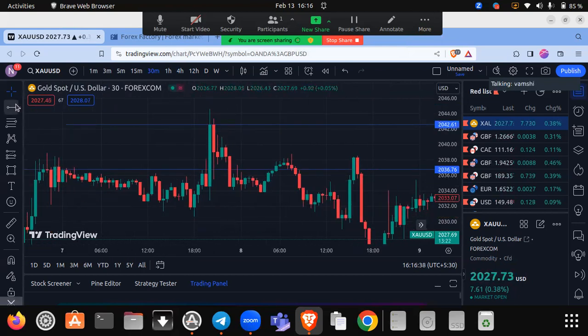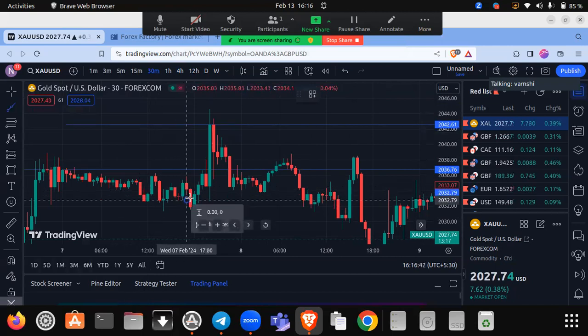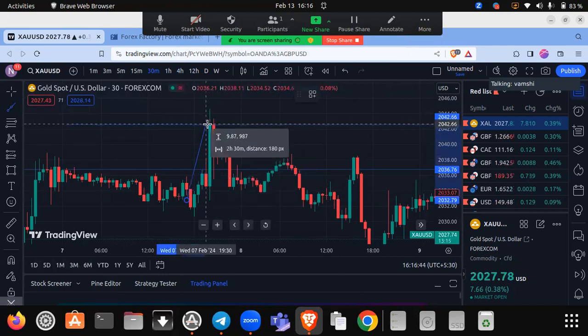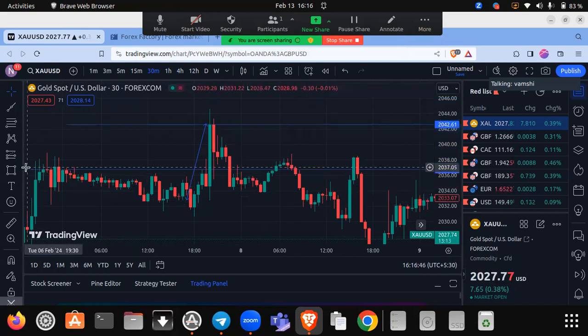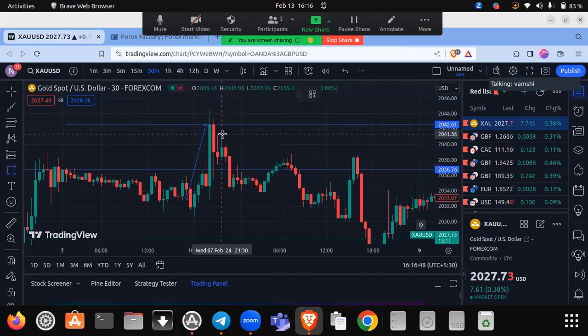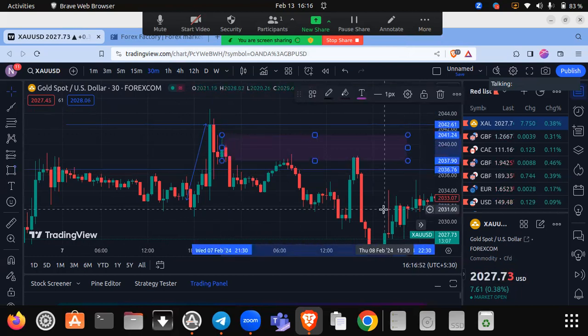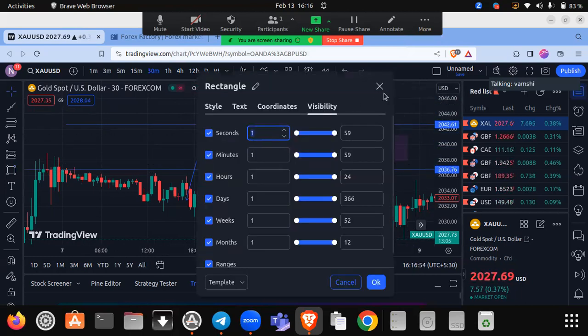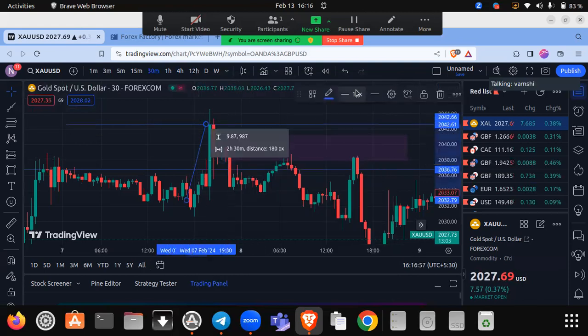Here you can see that the price touched the major resistance over here, and after that it made an M30 engulfing sell, and it perfectly respected the M30 engulfing sell.